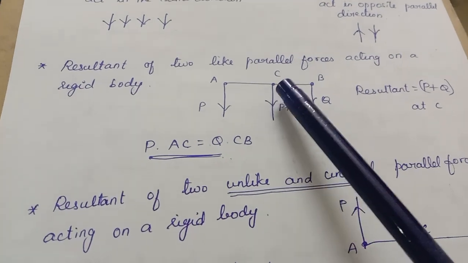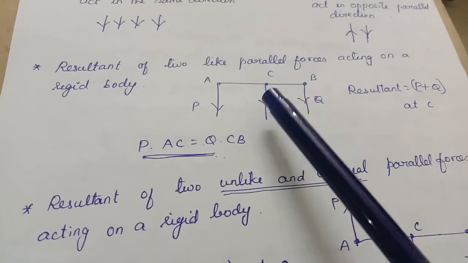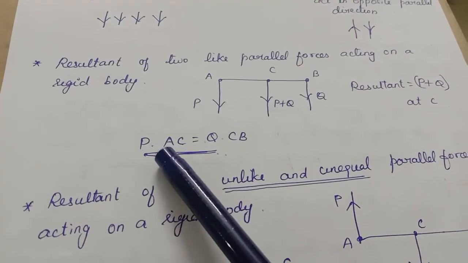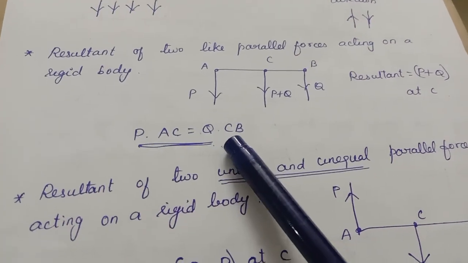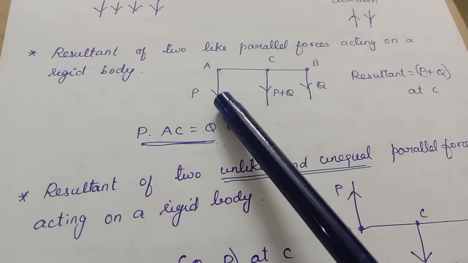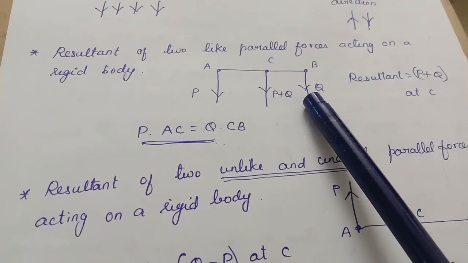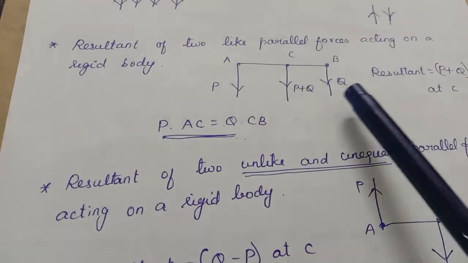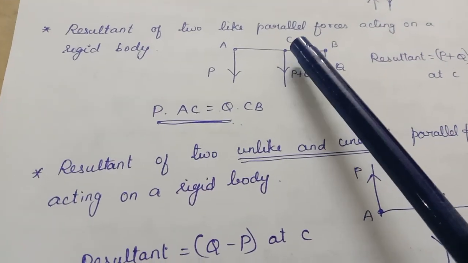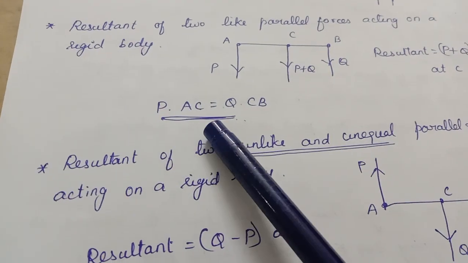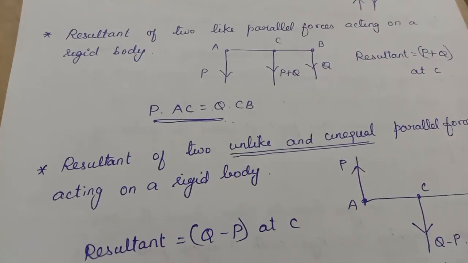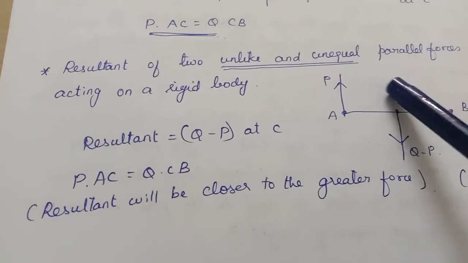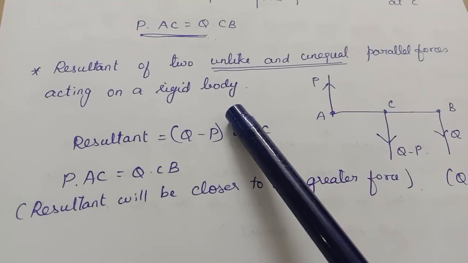It will be at a point C where C divides the line AB in the ratio P into AC equal to Q into CB. So when you have two like parallel forces P and Q, the magnitude of the resultant is P plus Q, and this resultant will be acting at a point C where P into AC equal to Q into CB.